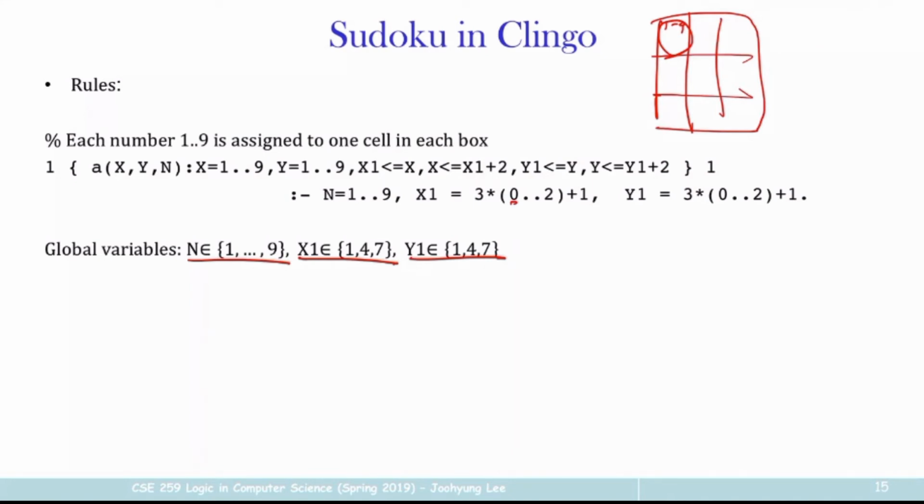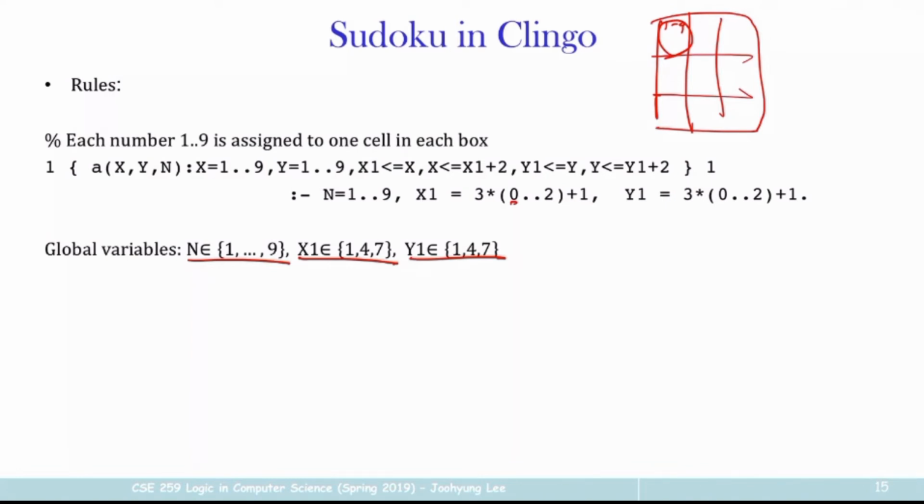Okay, and roughly what this is saying is, for each number, this gives us which box we have to look at. So the combination of x1 and y1 gives one of the 9 boxes. When x1 is 1 and y1 is 1, that represents the first box, the top left box.